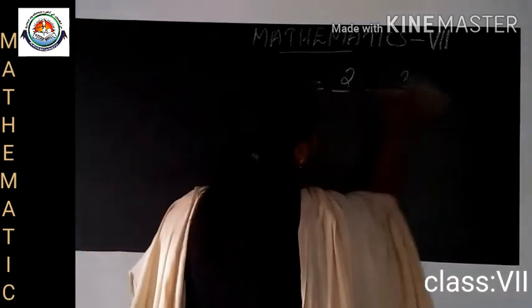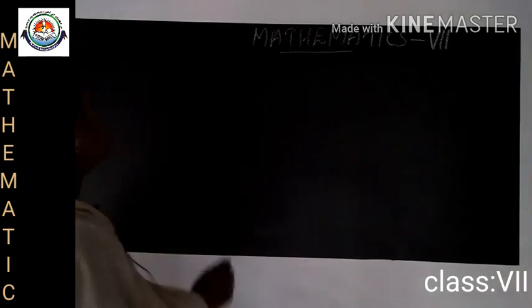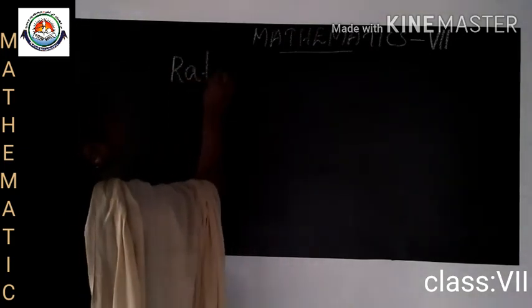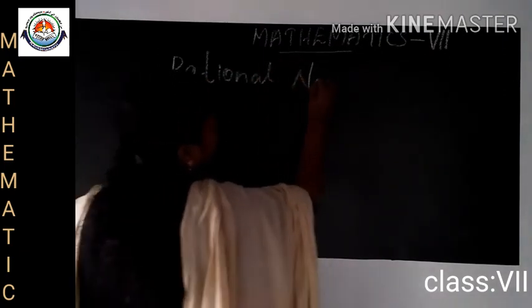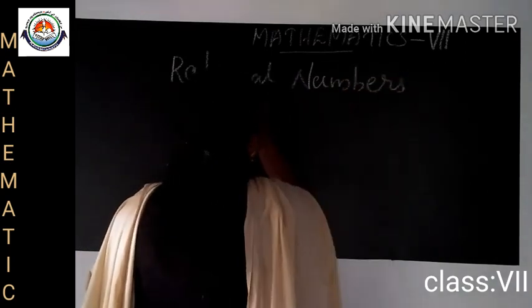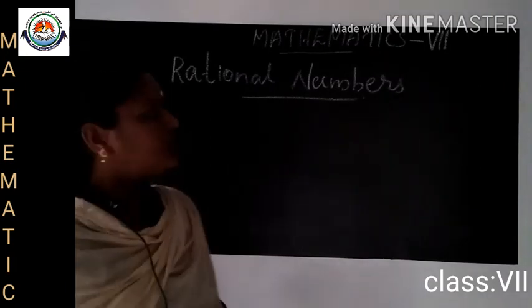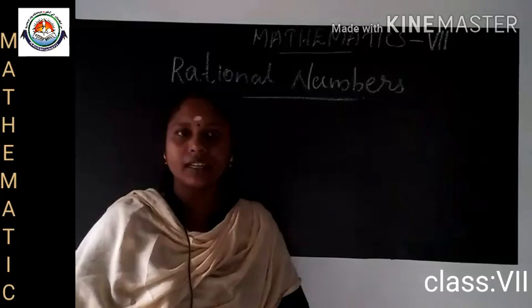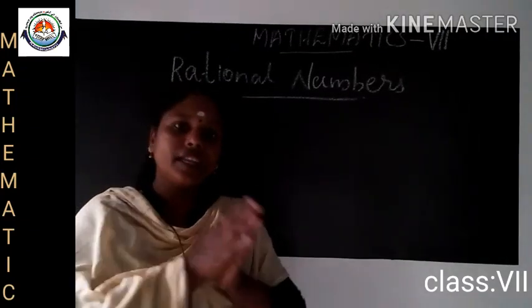So in the third chapter, we are discussing rational numbers. Chapter 3, rational numbers. Rational numbers are also fractions, but the numerator and denominator are integers.